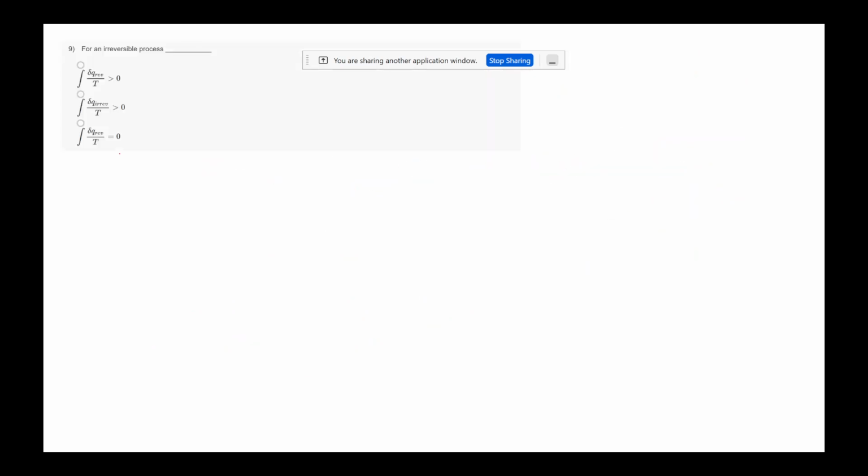Okay, this is a statement for an irreversible process: del Q reversible greater than 0. We have done this: del Q reversible by T is greater than 0 always, because delta Q is delta U minus delta W. So the reversible one is always greater than the delta U. This difference will always be greater than for the irreversible process, so we have to construct a reversible path to formulate that.